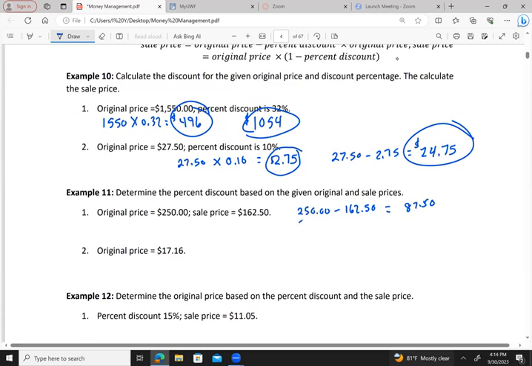Then we can do the percentage. It's 87.50 divided by 250 times 100 equals 35%.